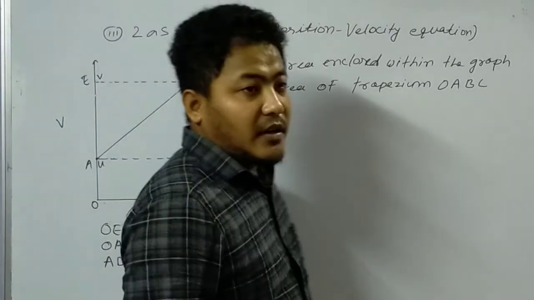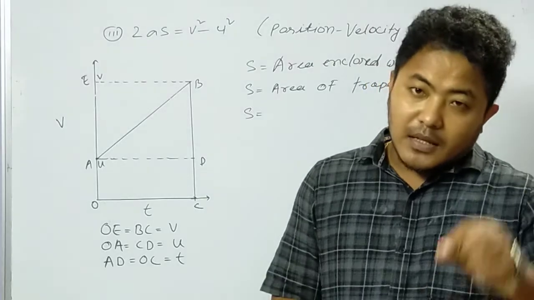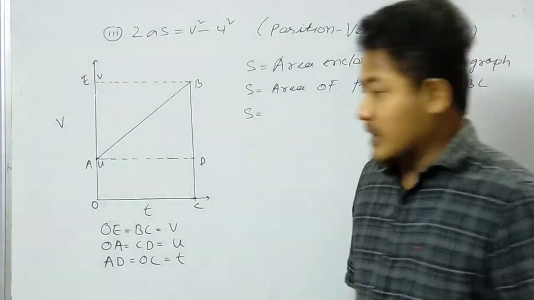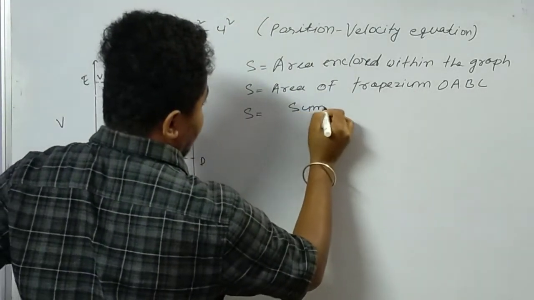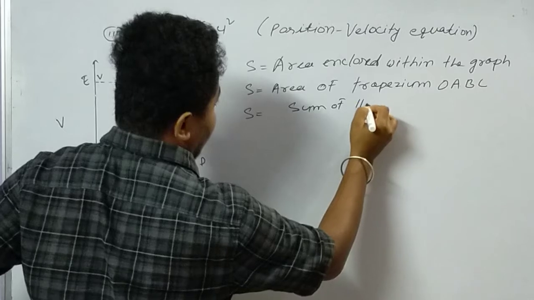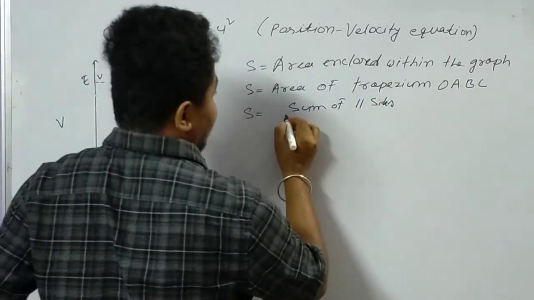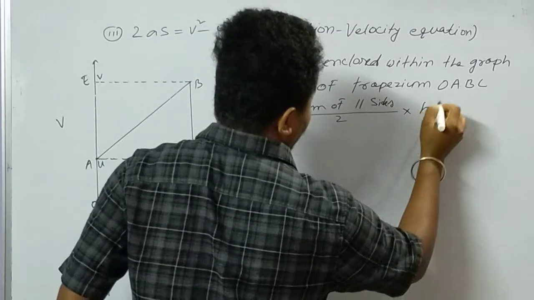How can we find the area of a trapezium? The area of a trapezium is the sum of the two parallel sides divided by 2 into the height.